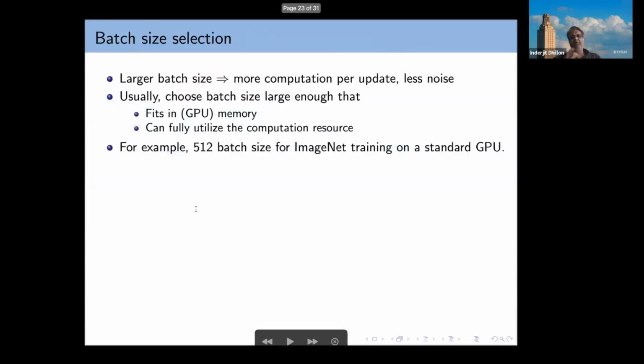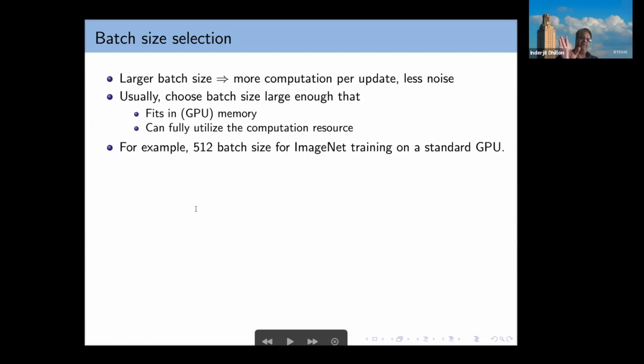So one thing we talked about is, what should the batch be, right? At one extreme, you can have a batch of 1, right? But a batch of 1 has a drawback, which means that you're actually not able to use your hardware efficiently.